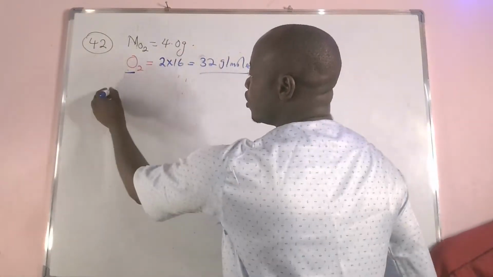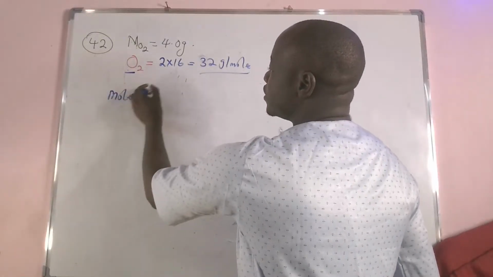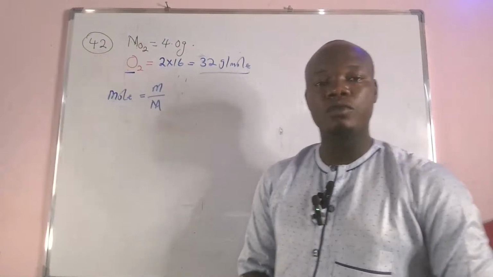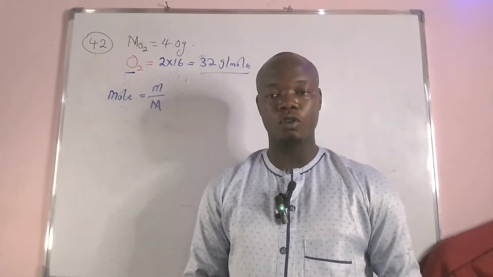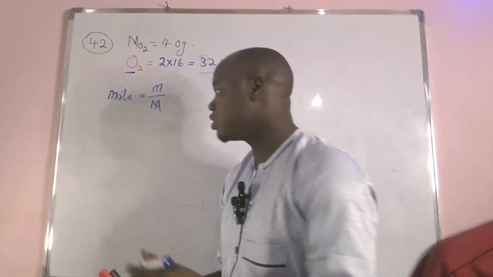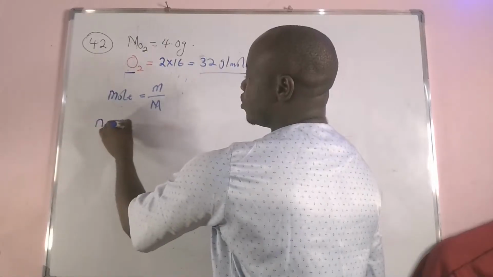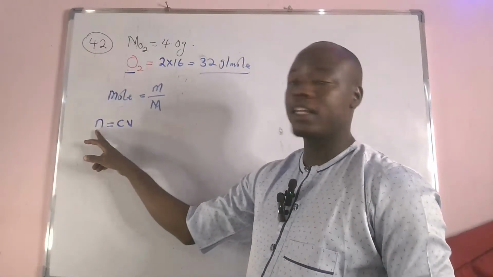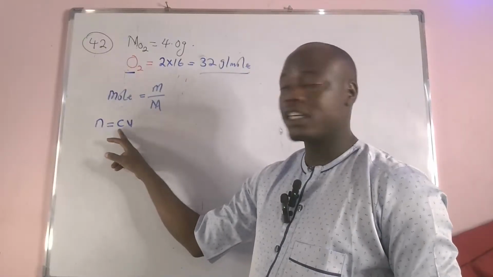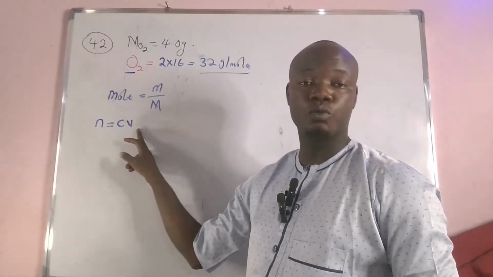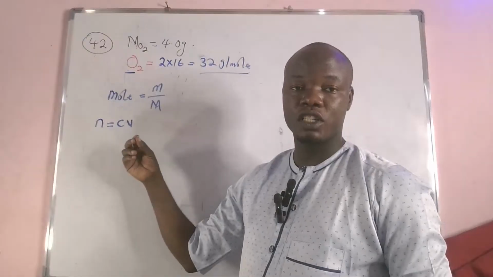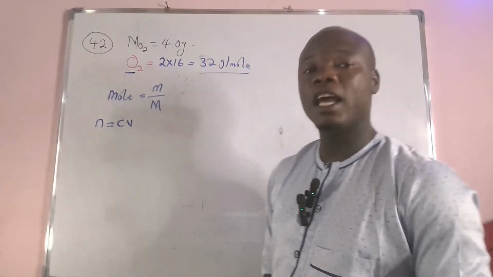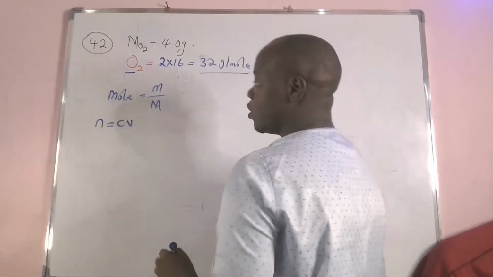We know that mole is mass over molar mass. Although there are so many formulas that we can use in calculating mole, there is a formula that says mole n is equal to CV. n stands for mole, C is concentration, and V is volume. So in case you are given concentration and volume and you are asked to calculate mole, then you can use this.